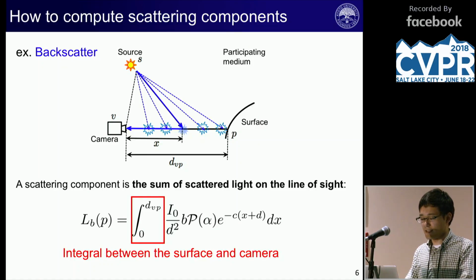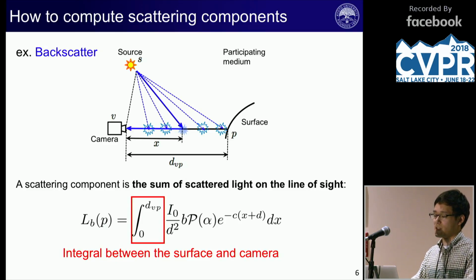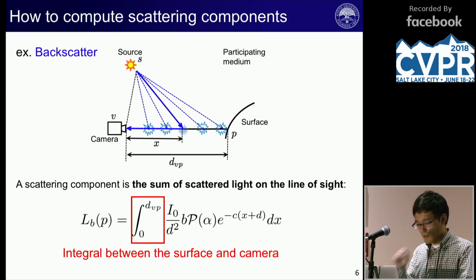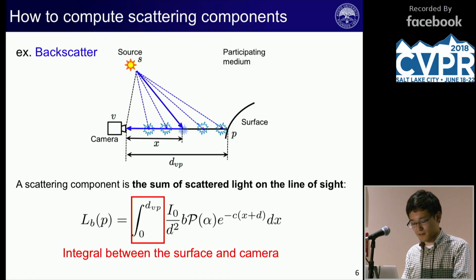First, I take a backscatter as an example. In this figure, we observe the surface point P, and in participating media, besides the direct component, we observe a scattering component due to a backscatter between the camera and the surface. So this scattering component is the sum of scattered light on the line of sight.